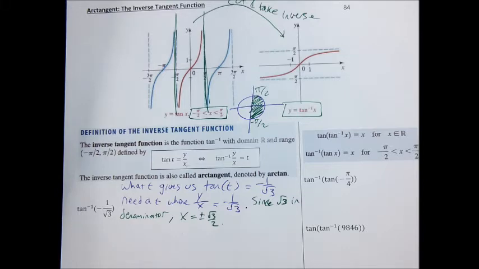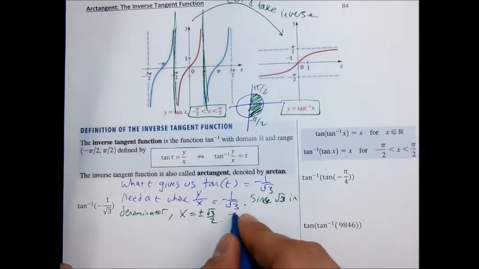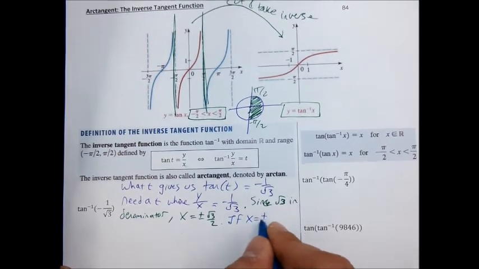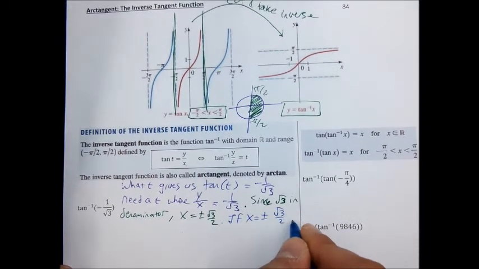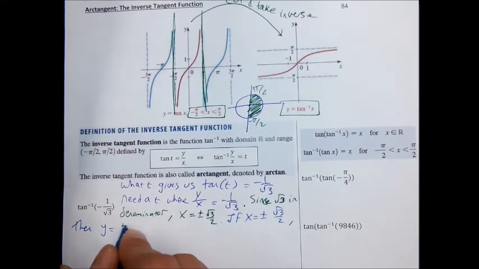All right, you with me on that? So if x is root 3 over 2, what goes with that? What's the y that goes with that one? 1/2. Good. So if x is plus or minus root 3 over 2, then we know the y that goes with that one is plus or minus 1/2.